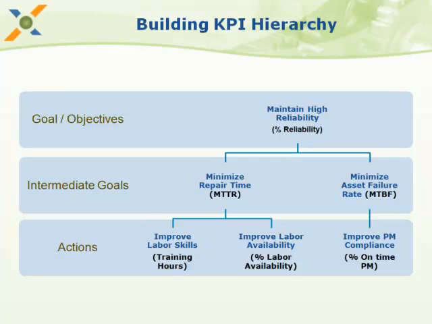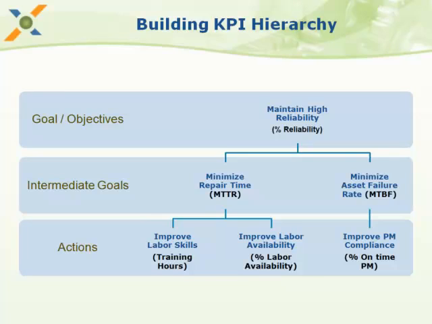Minimize repair time, so you want to minimize MTTR, as well as you want to eliminate failure or minimize the number of failures, so we are going to monitor MTBF. These two KPIs become kind of intermediate goals. If we track those two, hopefully that will help achieve the business objectives.